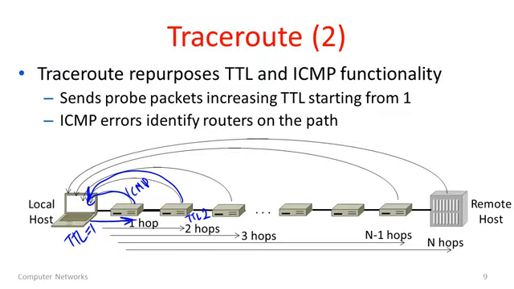Then a TTL of 3, that will produce an ICMP error from the third router out, and so forth. And you can see that this is essentially how traceroute performs its magic. By repurposing this functionality that was there for other mechanisms, by reusing it in a very clever way, we have one of the most important error debugging facilities in the internet.